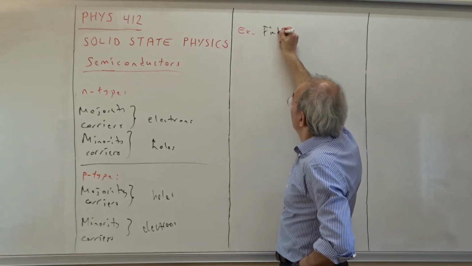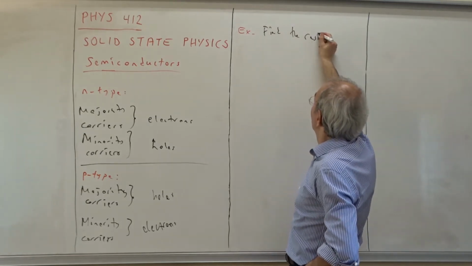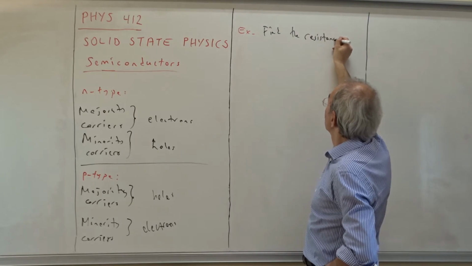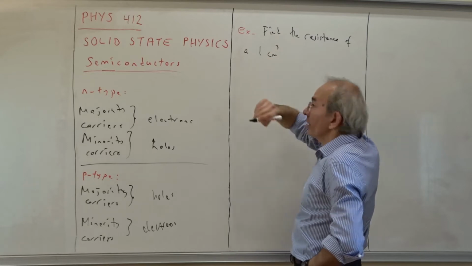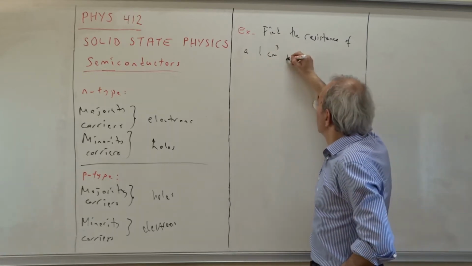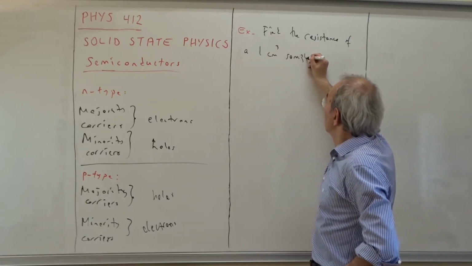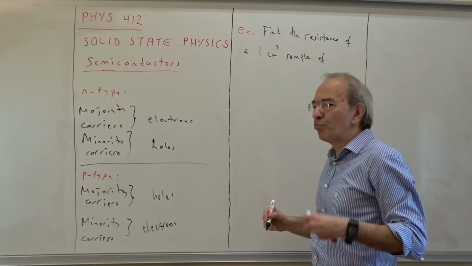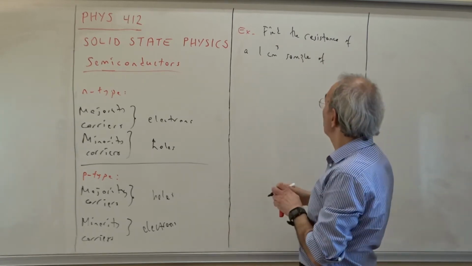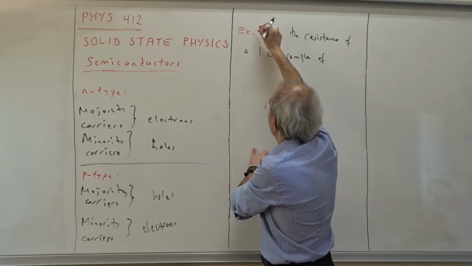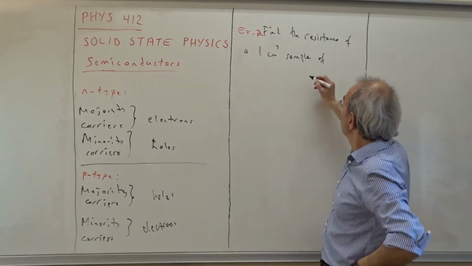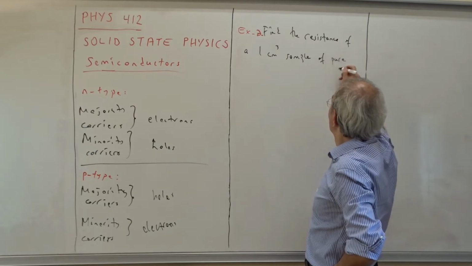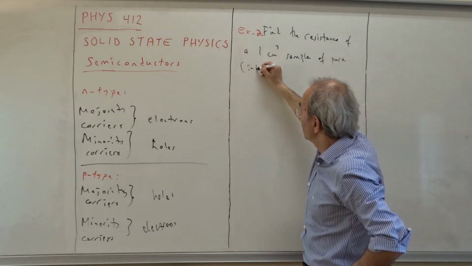Part A: find the resistance of a 1 cubic centimeter sample of pure intrinsic silicon. 1 cubic centimeter sample of pure, which means intrinsic silicon.